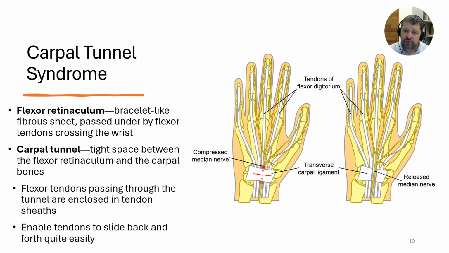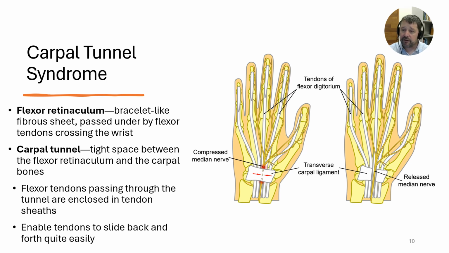Individuals that do the same motion over and over and over again, these tendons tend to keep stretching back and forth, moving back and forth, back and forth. And eventually it gets inflamed. Okay, and these ligaments can start to push down on the median nerve. Okay? And then that's where the pain comes in. That's where the discomfort comes in.